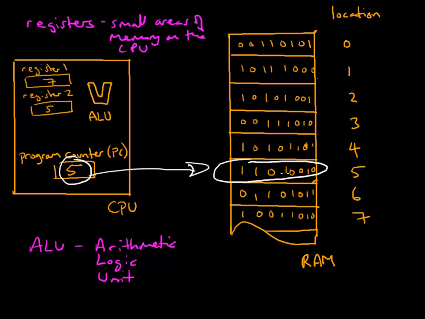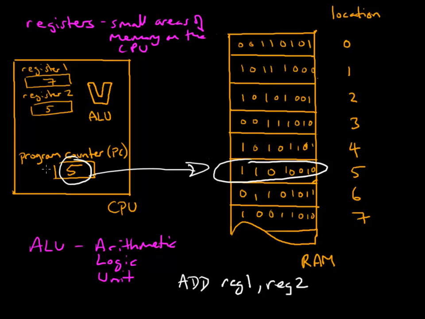Now, I've just made that up, but in real life, the computer would then, on the processor, know exactly what that instruction meant. So I'm going to tell you that in this case, that instruction means add register 1 to register 2. So that is my decode phase. It's decoding that this binary here means add register 1 to register 2.